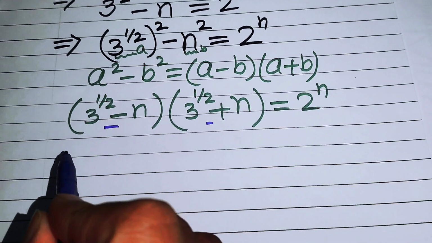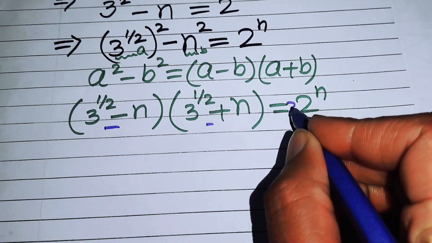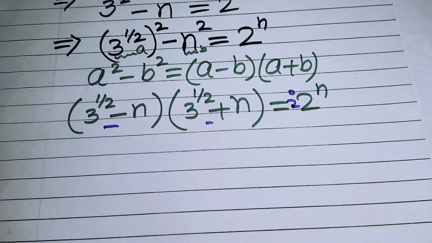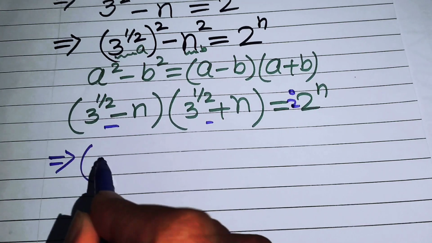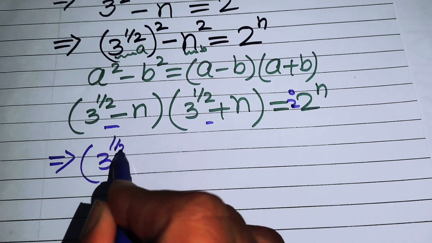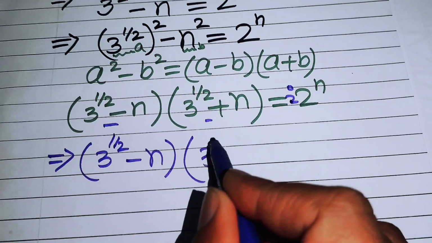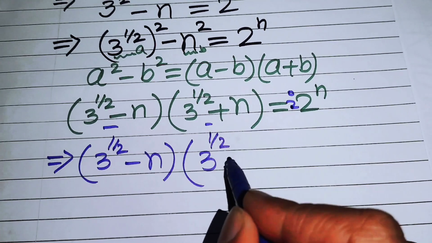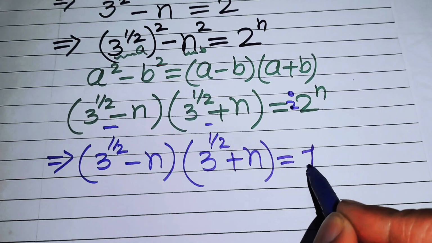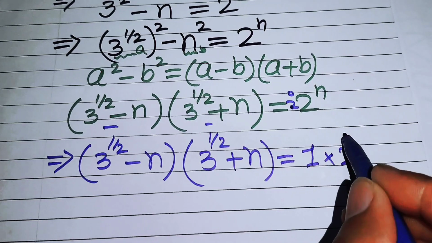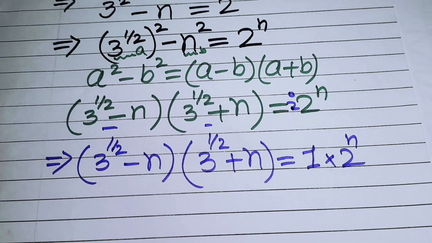So now we can multiply this 2 to the power of n by 2 to the power of 0, which becomes 1, so that we will write its right hand side as 3 to the power of 1 over 2 minus n into 3 to the power of 1 over 2 plus n, and this whole equals 1 multiplied by 2 to the power of n. So it becomes these two factors here.